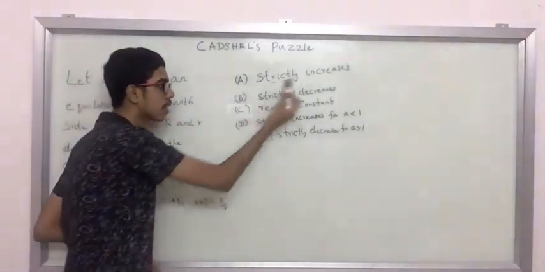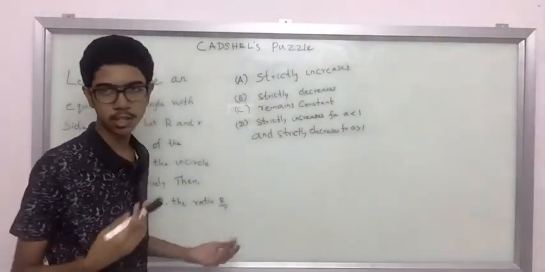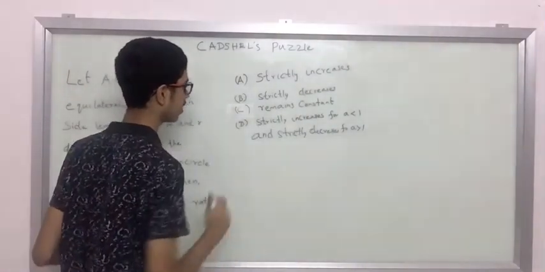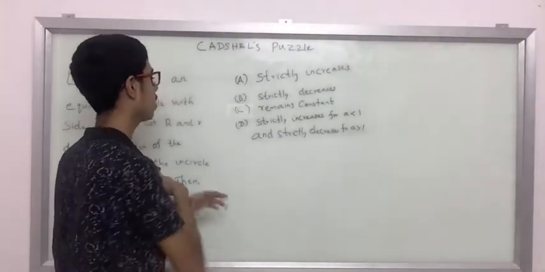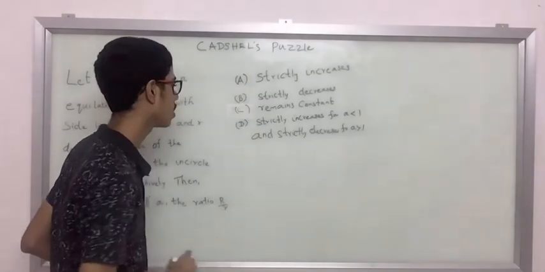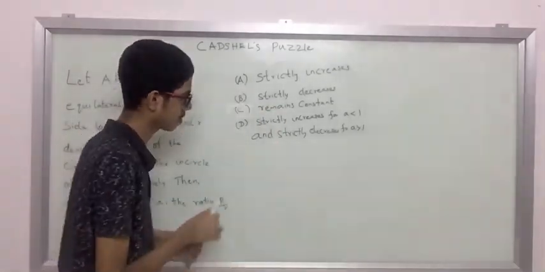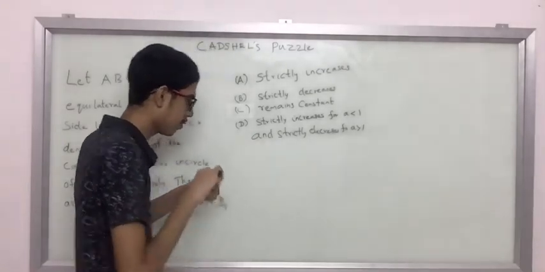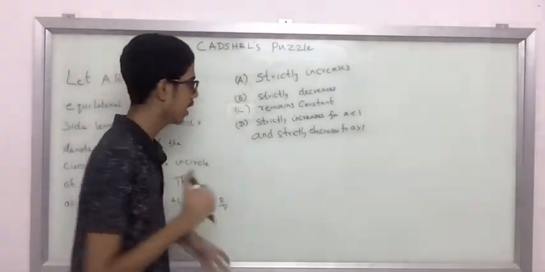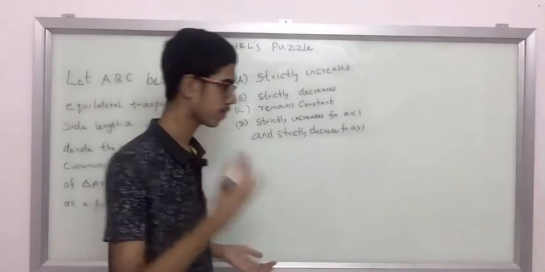Will it be strictly increasing, strictly decreasing, constant, or will it increase till 1 and then decrease after 1? We are going to find that. Which is the correct option?